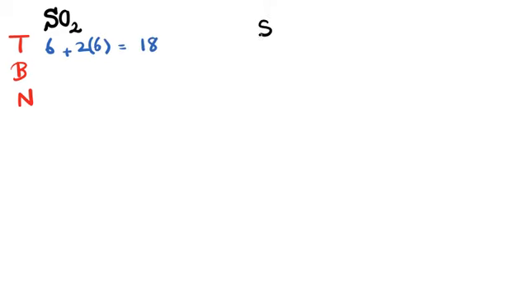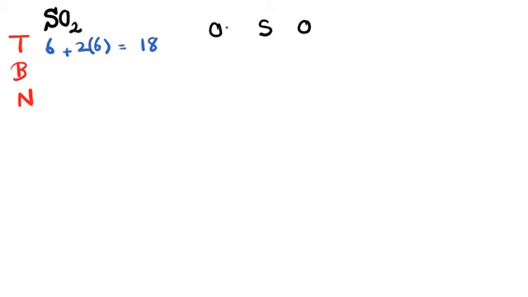I'm going to focus on one concept for Lewis structure drawing. We are going to work on SO2. Let me write TBN. So group number 6, 2 times 6. Totally we have 18 valence electrons. I'm gonna write S and 2 oxygens here.